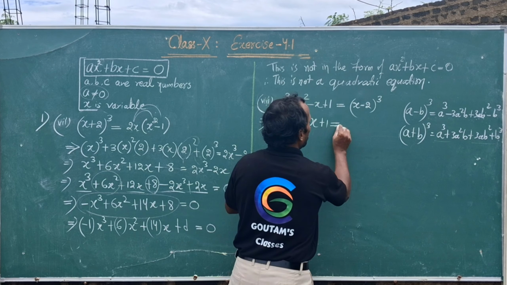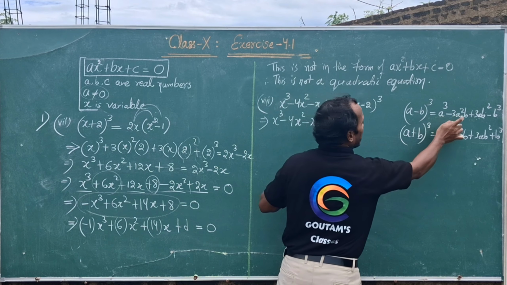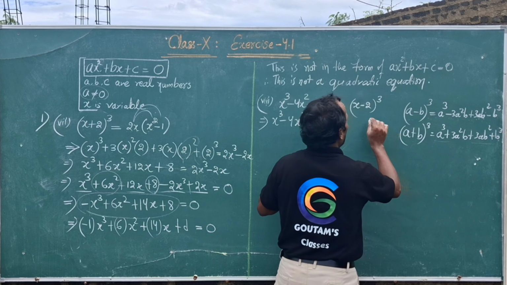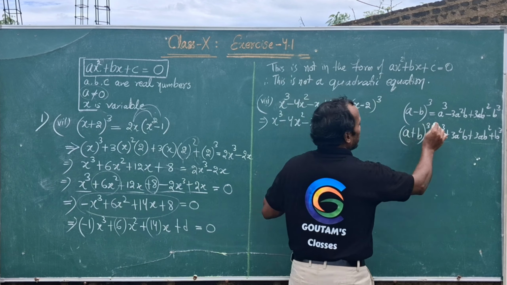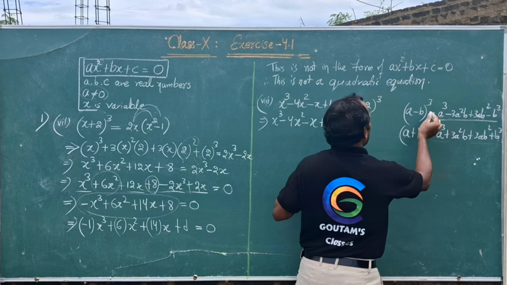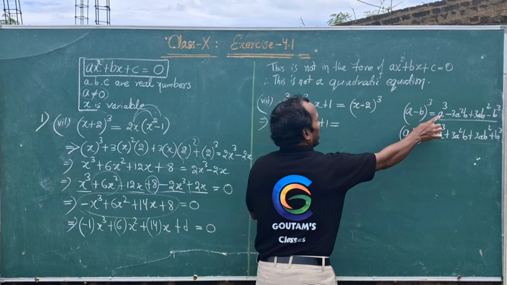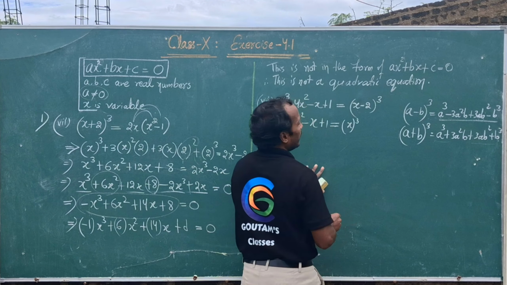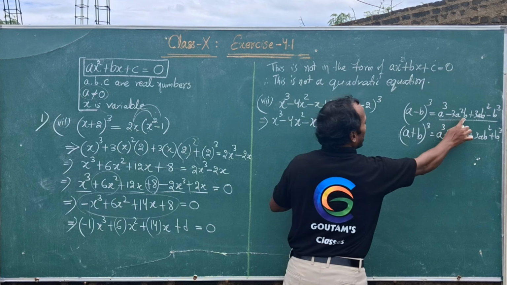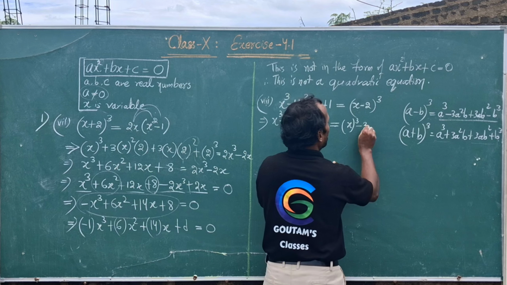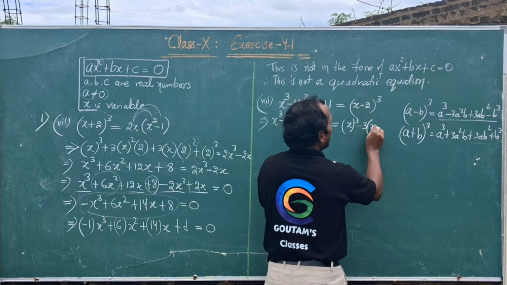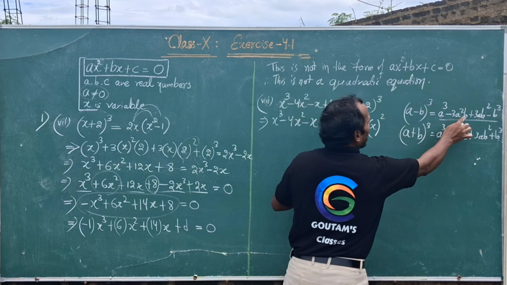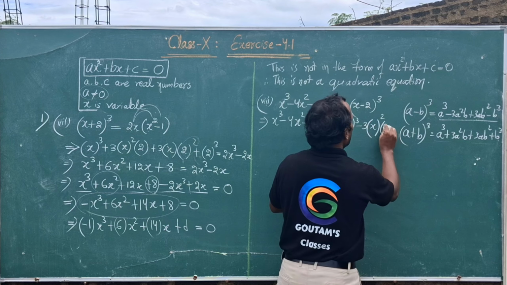I will try to express x minus 2 whole cube in this form now. Okay, I'll expand it. So expansion will give me this part. But who is in place of a? X. So a cube means, I'll write x cube, then minus 3a square b means minus 3, a square means square of x, and b is 2.